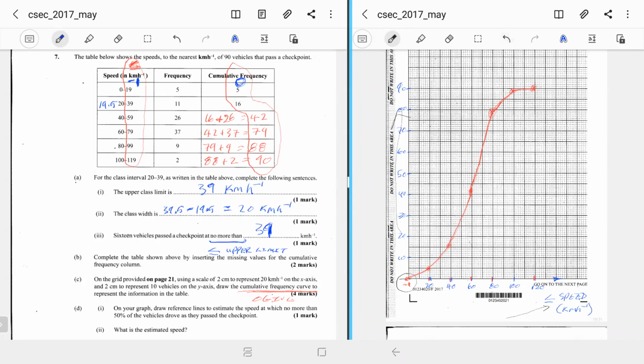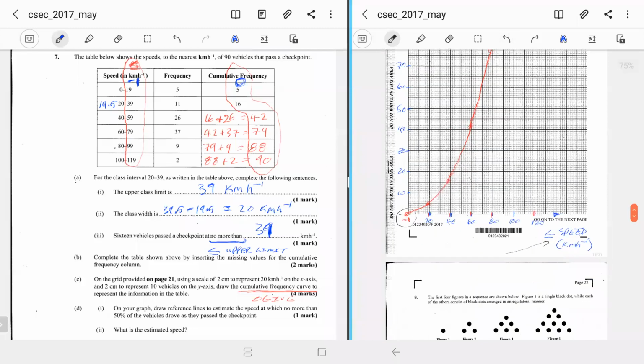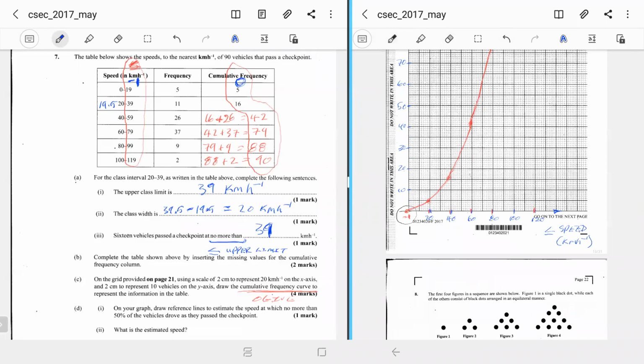These on the x-axis are the speeds they had. The graph shows how many cars got less than or equal to these speeds. What does this point here mean? Interpret that point for me in terms of the speed of the cars and the number of vehicles.